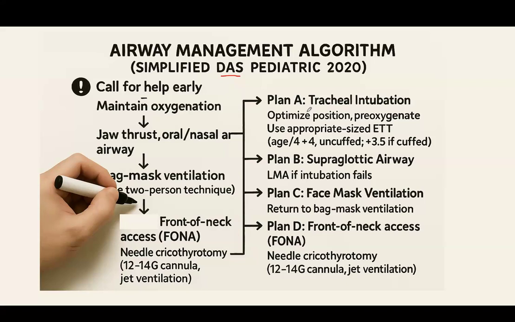Okay, so if the age is under 12, what is preferred is needle cricothyroidotomy or percutaneous catheterization. And that's preferred because the airway is small and delicate, and the cricothyroid membrane is so delicate and soft. This is temporary for oxygenation.